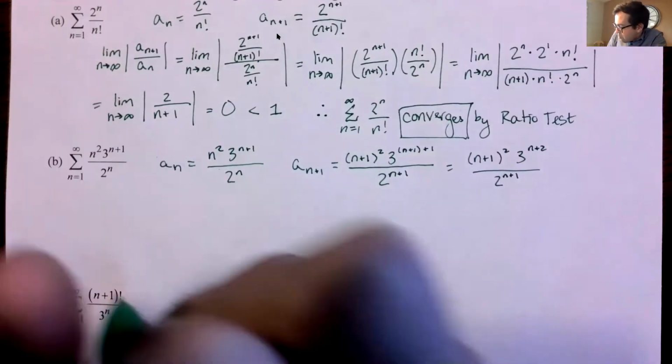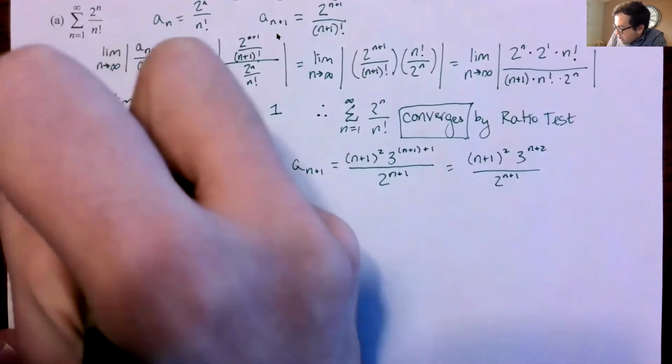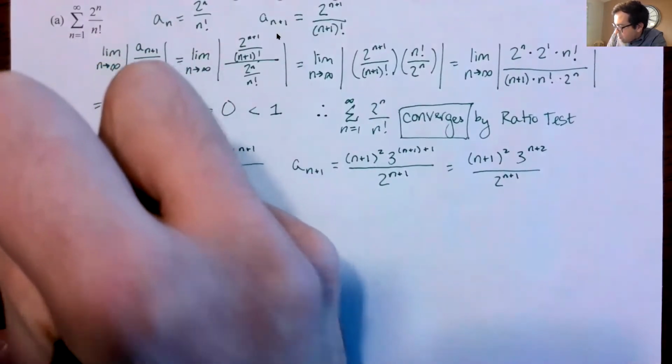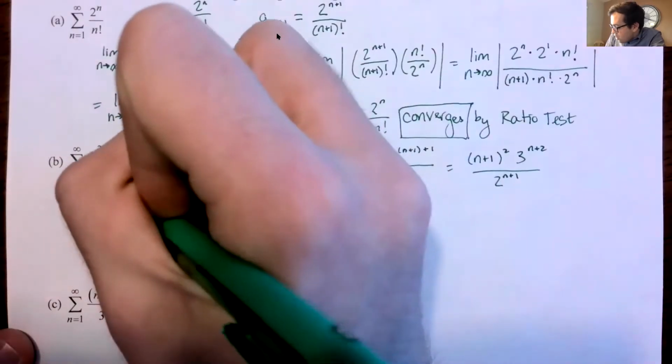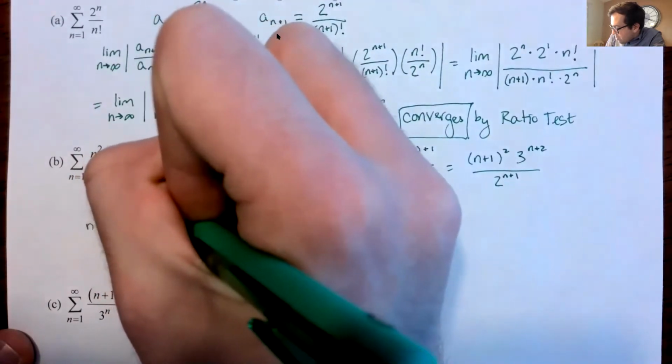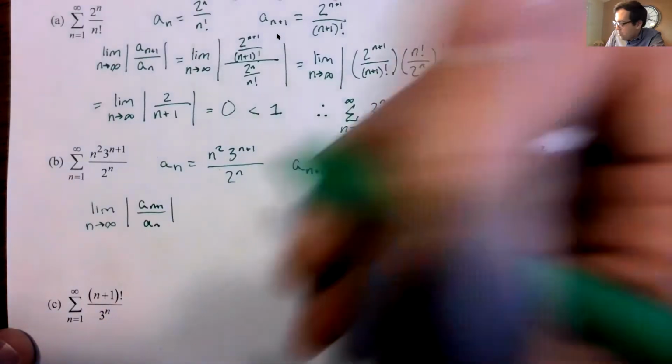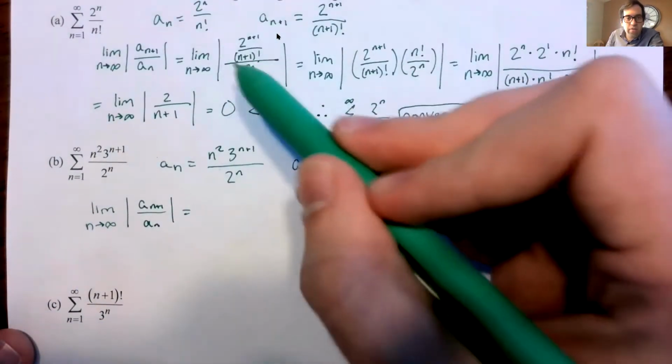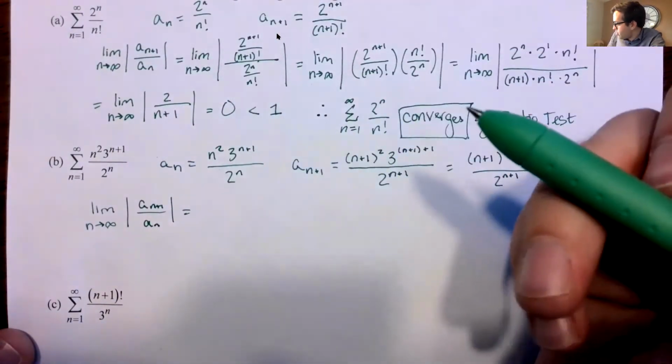So now let's compare the ratio. So we have limit as n approaches infinity, and we are going to be doing the absolute value of a sub n plus 1 over a sub n. So I am going to skip the step this time where I wrote the fractions inside of fractions and just jump to multiplying by the reciprocal.